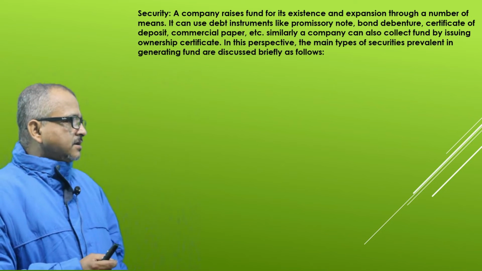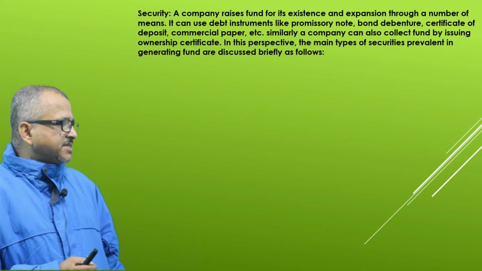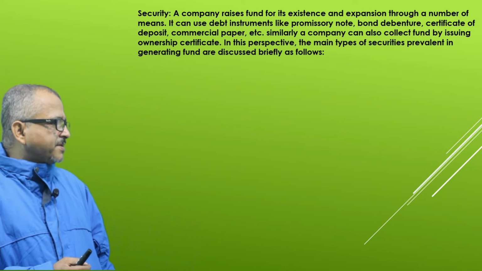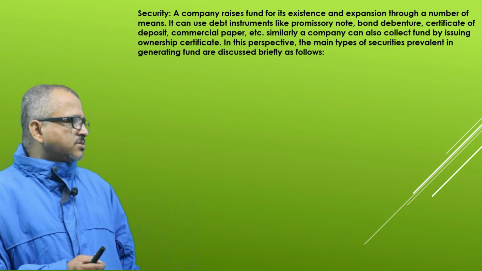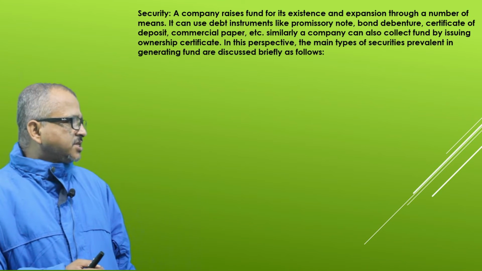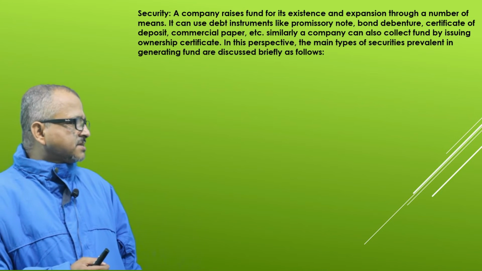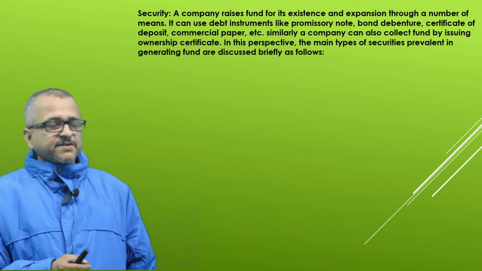Okay, so it was like a promissory note. Bond, debenture, certificate of deposit, commercial paper. Similarly, a company can also collect funds by issuing ownership certificates. All these types of prospects are taken as securities, and these are also financial instruments.